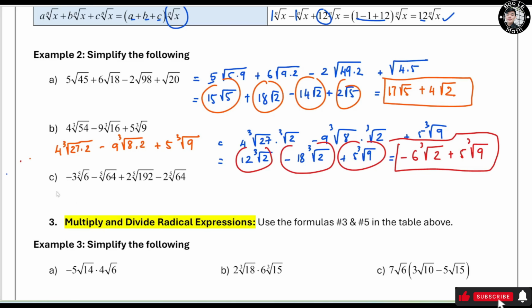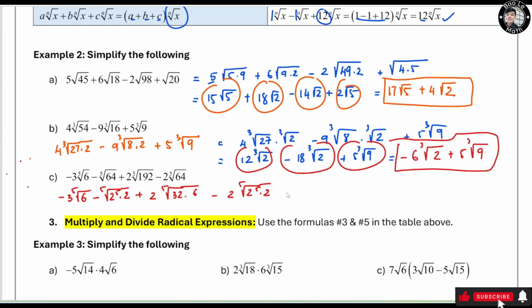Question C. We have negative 3 fifth root of 6 minus fifth root of 2 to the 5th times 2, right? Plus 2 fifth root of 32 times 6, right? Minus 2 fifth root of 2 to the 5th times 2, right?